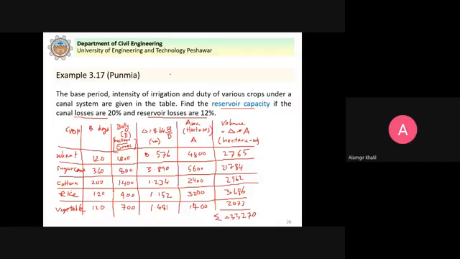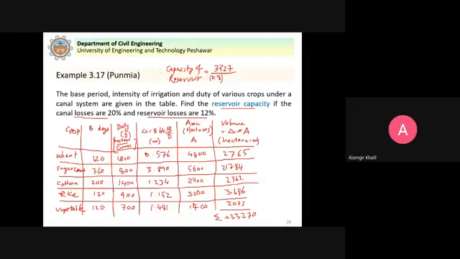So the capacity of a reservoir, we can write down here, this is the volume, 33,270, and then divided by 0.8 for the canal losses of 20%.